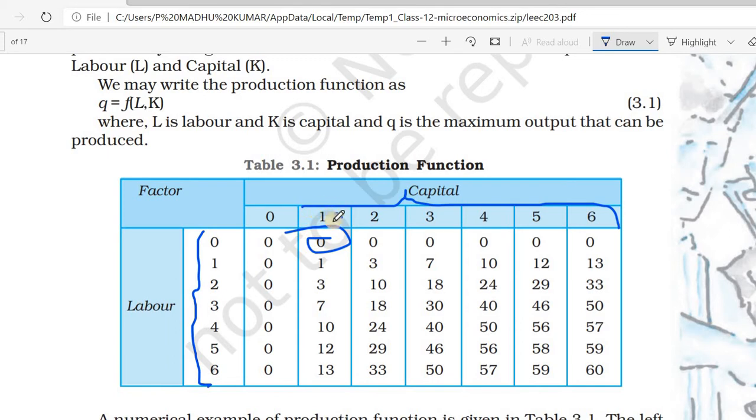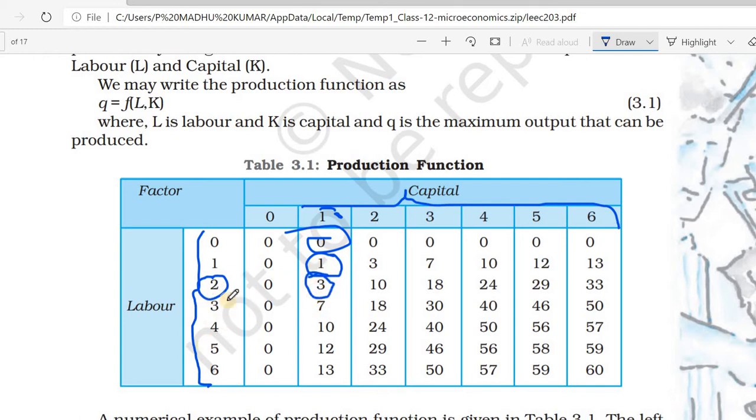Then next step, when capital is 1 and labor is 1, the producer can produce one output. Only one output. Suppose a tailor: one tailoring machine is there and one tailor is there, he can produce only one product. Now he increases to 2 laborers. Suppose one is cutting and another is stitching. Then production increases to 3.